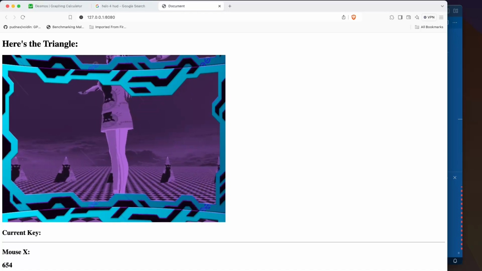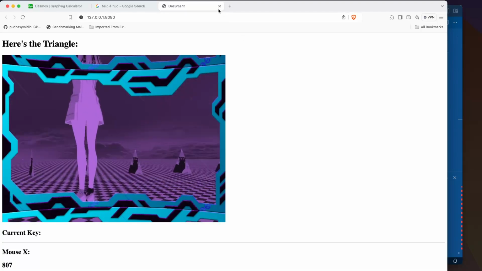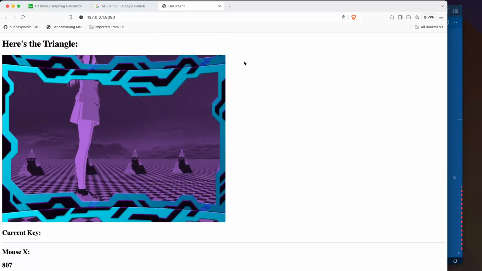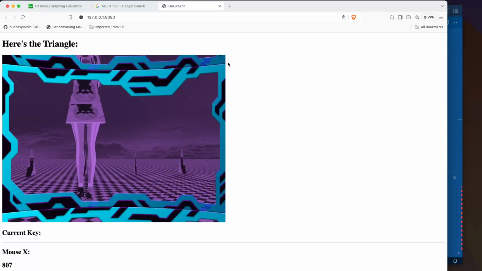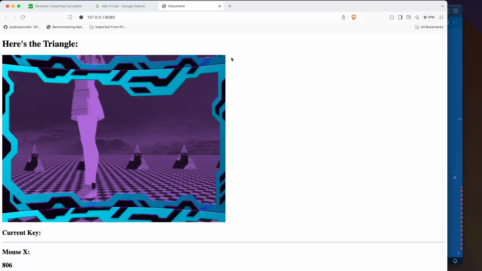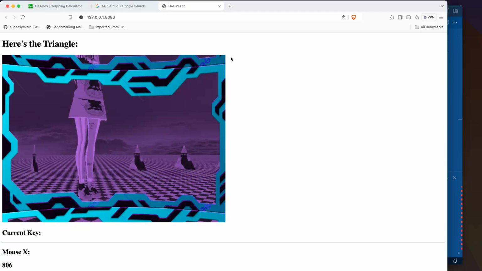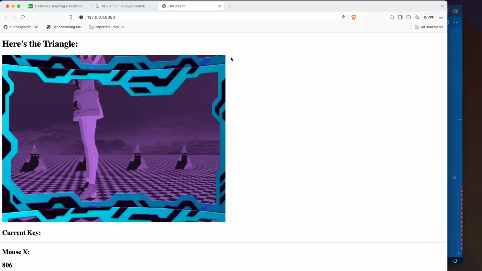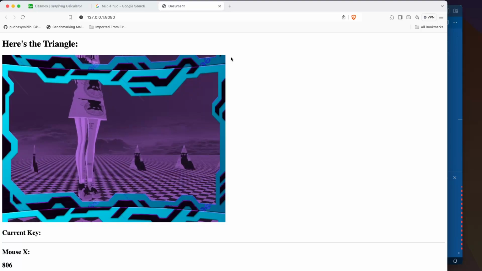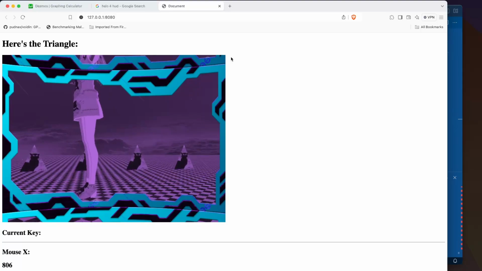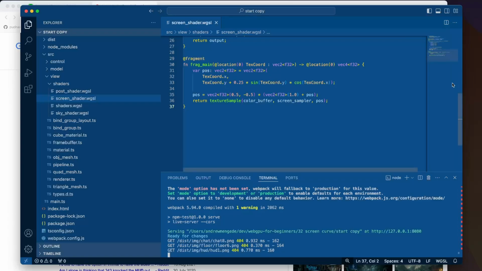So there's an option that we have in WGSL, and that is to discard fragments. So in these cases, if we were to look at the texture coordinates, they would have a Y coordinate which is either bigger than +1, less than -1, or if we look at the recentered version, out of the range of 0 to 1.